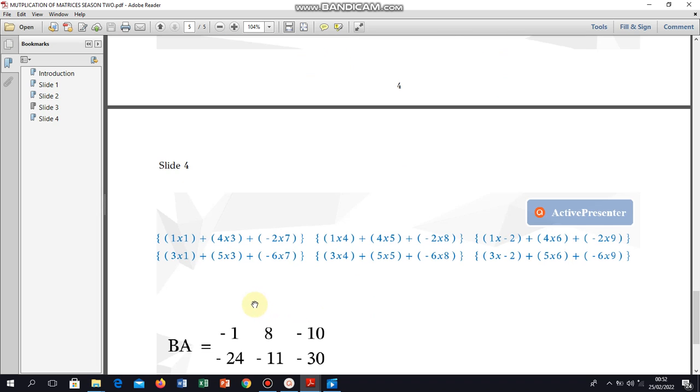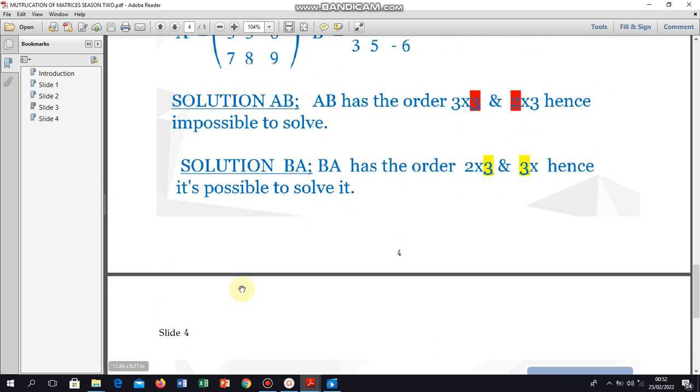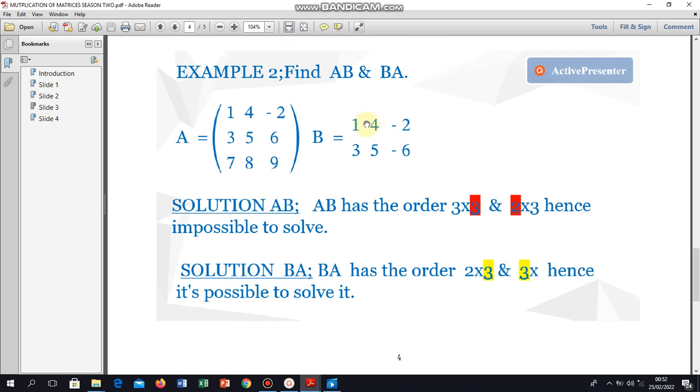Of course, here we are now dealing with row by column. So it is 1 times 1, then 4 times 3, then plus negative 2 times 7. So to that extent, we've got the element of the first row, first column. Then we move on to get now 1 times 4 plus 4 times 5 plus negative 2 times 8.